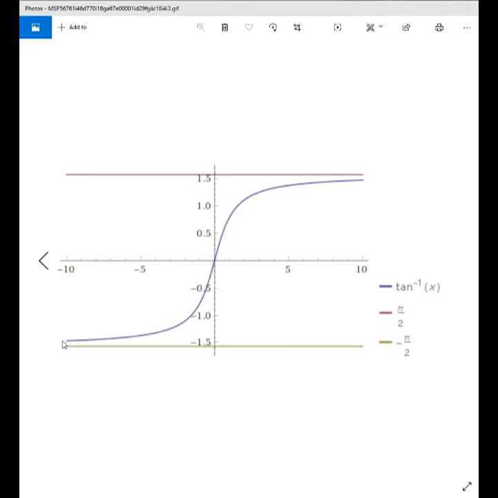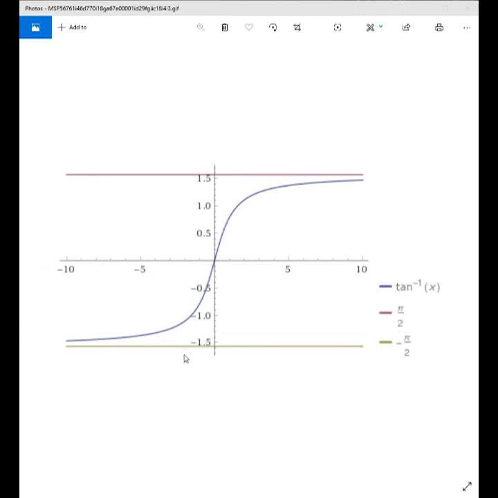And in fact, here's the graph. So here's the arctangent function, thinking back to trigonometry. For those of you who don't remember that, shame on you, trigonometry. Remember that the arctangent function has a couple of horizontal asymptotes. One of the horizontal asymptotes is pi over 2.